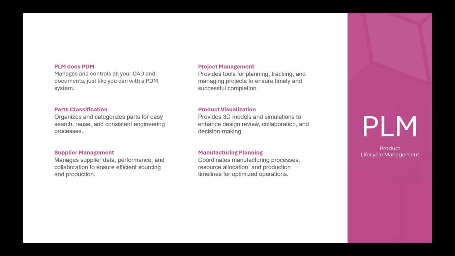So if we take a look at part classification, what this enables you to do is, in business, as I said, we've got a lot of information that we store. Being able to find and retrieve and reuse that data is really important, but you don't always necessarily know what it is you're after. So with part classification, rather than searching for specific part numbers or part names, we can use keywords and attributes of products in order to filter out and find what we require.